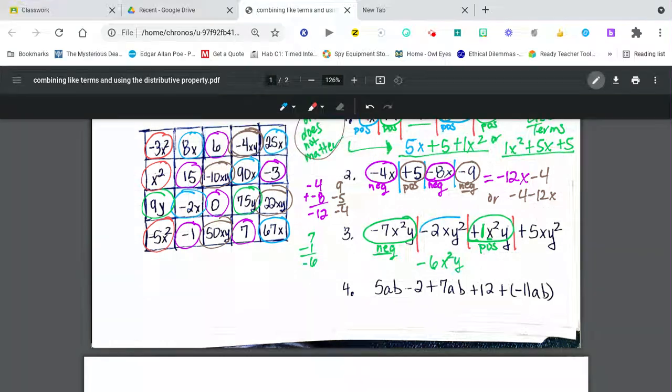Okay, let's look at these two. -2xy squared and then 5xy squared. Those are like, okay, this is negative and this is positive. Well, they're different. I got a -2 and a +5, so I'm going to subtract. 5 minus 2 is 3. But I have more positives this time, so I'm going to leave it as positive. And if I say positive, I'll write a plus.